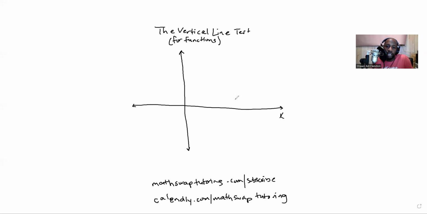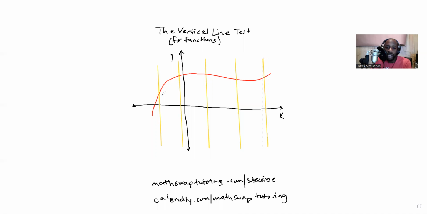Say, for example, you have an XY plot that looks something like this. Of course, you have the X-axis, the Y-axis, and then you have some function that looks kind of like this. All the vertical line test is this: if you have a graphed curve and you want to determine whether or not it is a function, you should be able to draw a vertical line anywhere on this graph that crosses the curve, and anywhere it goes down, it only passes through the curve one time.